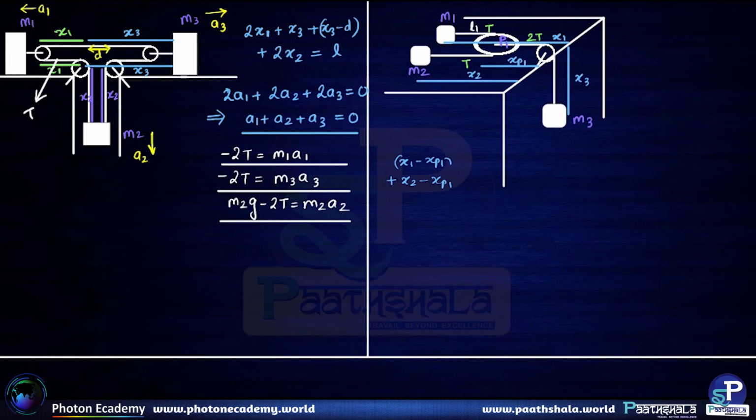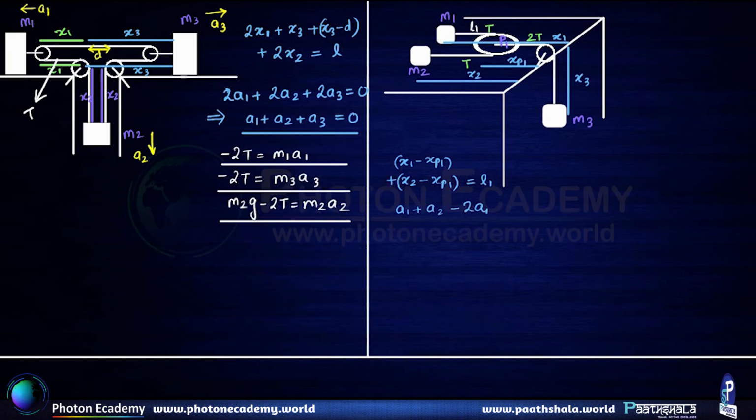These are the two segments of the string L1, so this happens to be the length of the string L1. On double differentiating, we get a1 plus a2 minus 2 ap1 is equal to 0.